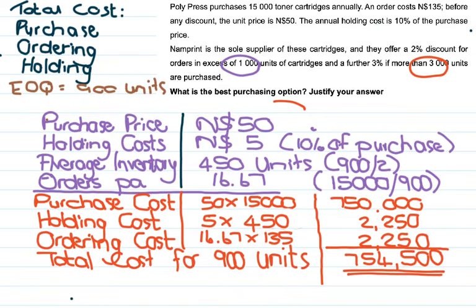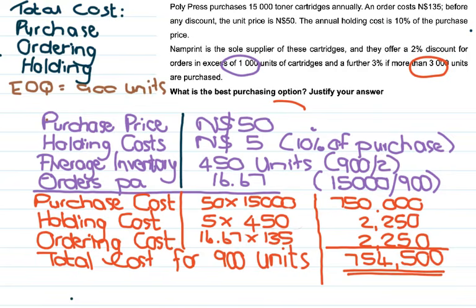All right, then we need to figure out how many orders you will place for the year. We will say that we need 15,000 units to sell during the year, or to use during the year rather. And my ordering size, according to my economic order quantity, is 900.